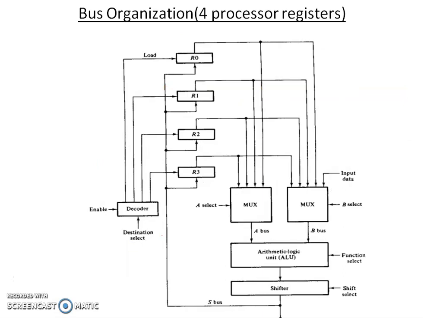Now what we are going to see here is how the bus is being organized. Inside the processor, you will have the arithmetic logic unit, which performs the different operations. The arithmetic logic unit has two inputs, one from the A bus and the other from the B bus.